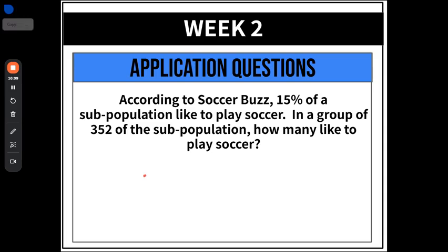I have 15% of a subpopulation. Now, percentages mean part of a whole. Percentages are always going to be taken out of 100. So I can put the part over the whole, and the whole is the 100%.